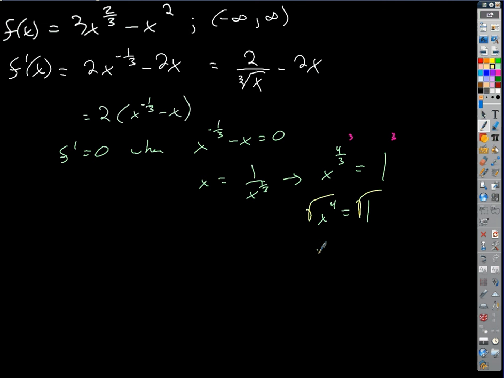X squared. So that's gonna give me x squared equals plus or minus the square root of 1. And then I could square root it again, and what am I gonna get? You still get plus or minus 1 and 2 imaginary.